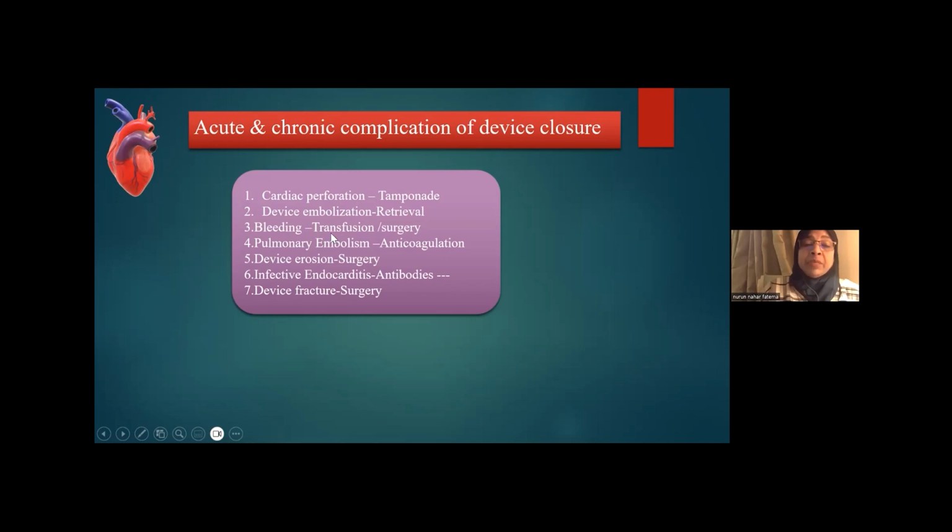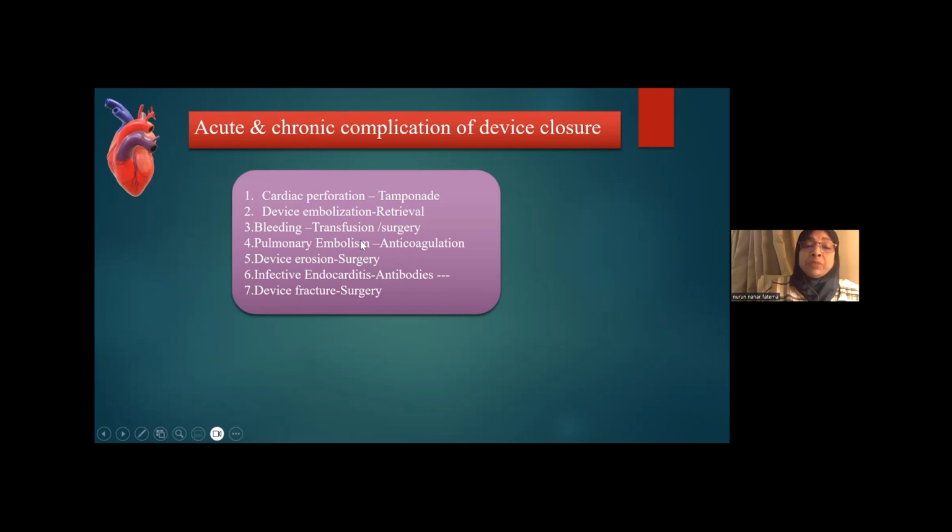Bleeding is one of the major complications, so transfusion or surgery is required if there is puncture or cardiac perforation. Sometimes cardiac perforation may heal spontaneously if we can do autotransfusion and pericardiocentesis. But sometimes this kind of patient after perforation needs surgery.